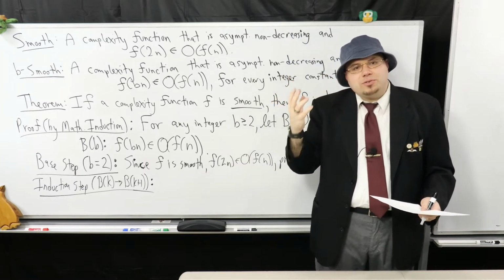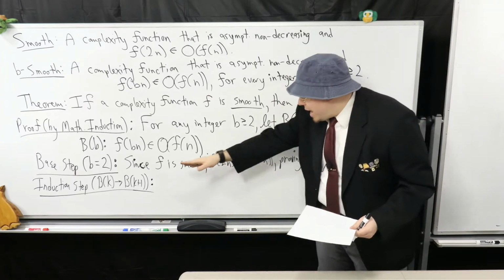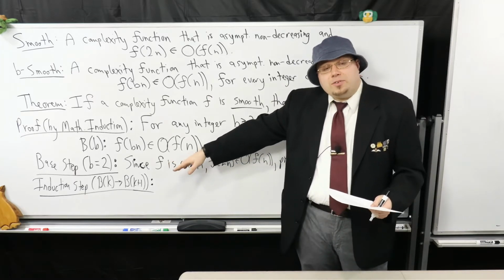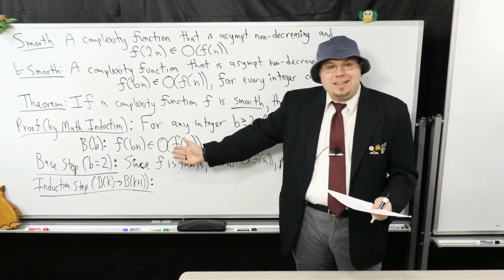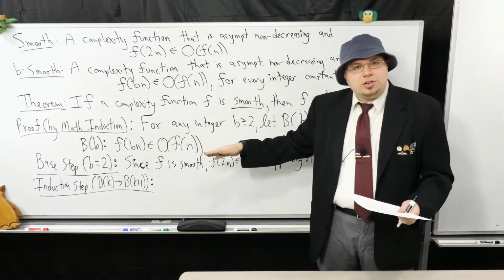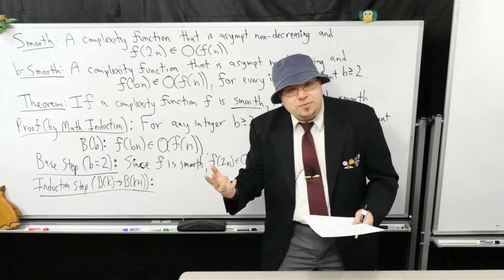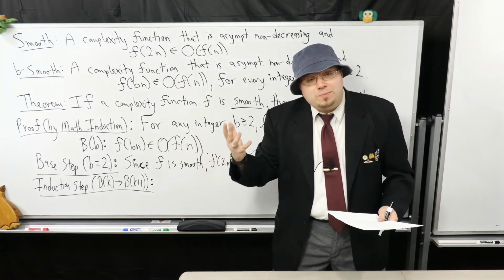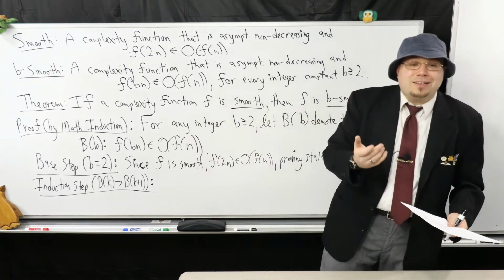So I'm going to use statements I know about B of k, where k could be arbitrary, as long as it's larger than or equal to 2. So if I gave you B of 2, I want to show you how you could prove that with B of 2 being true, B of 3 is also true.